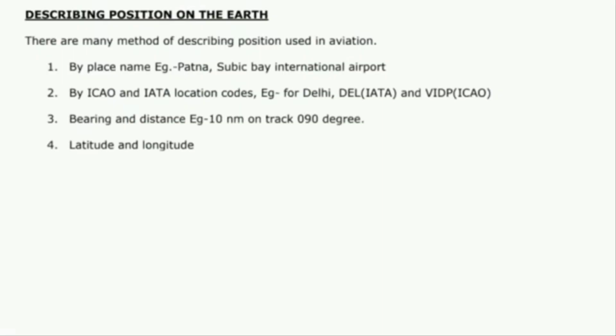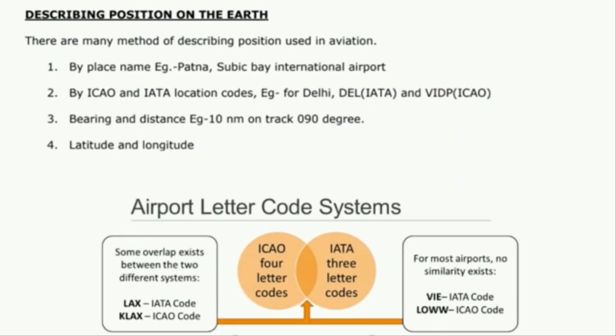How to describe position on the earth? There are many ways of describing position used in aviation. Number 1, by place name. Example, Patna or Delhi Airport, Subic Bay International Airport. Number 2, by ICAO and IATA location code.